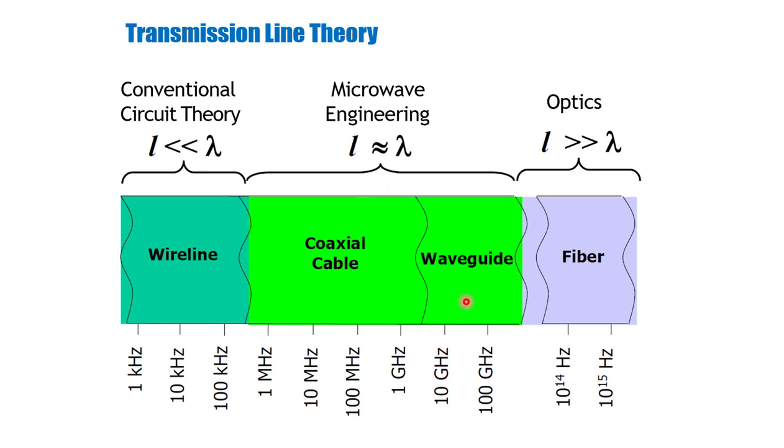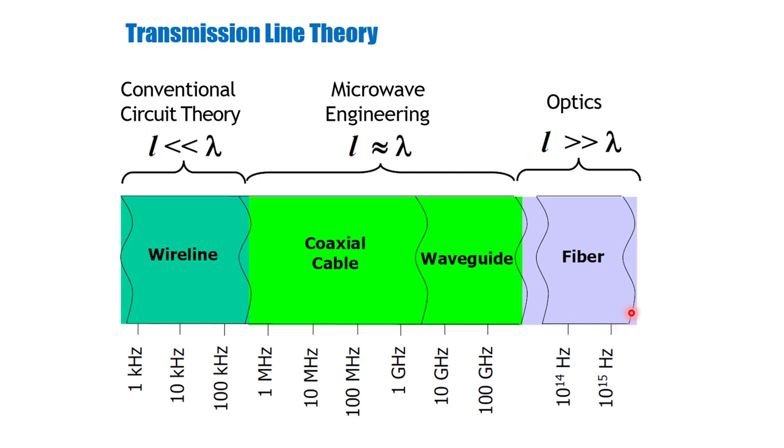And these kinds of coaxial cables and waveguides are used in microwave engineering, where the frequency of the signals is between 1 megahertz and 100 gigahertz. Right. Then next, for higher frequencies above several hundred gigahertz, we require fiber optics.